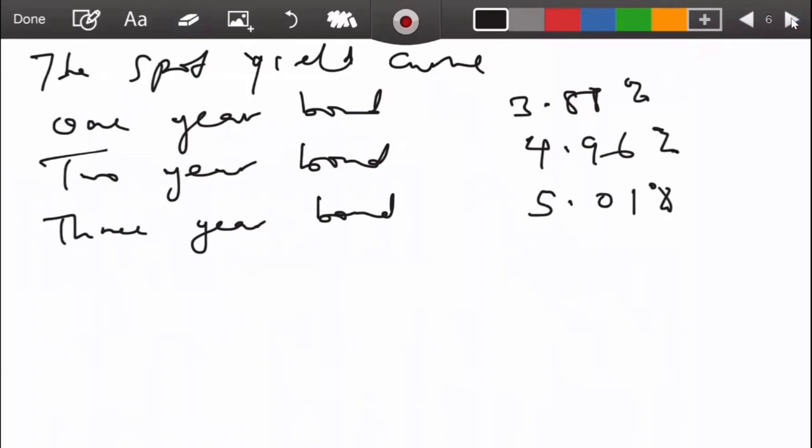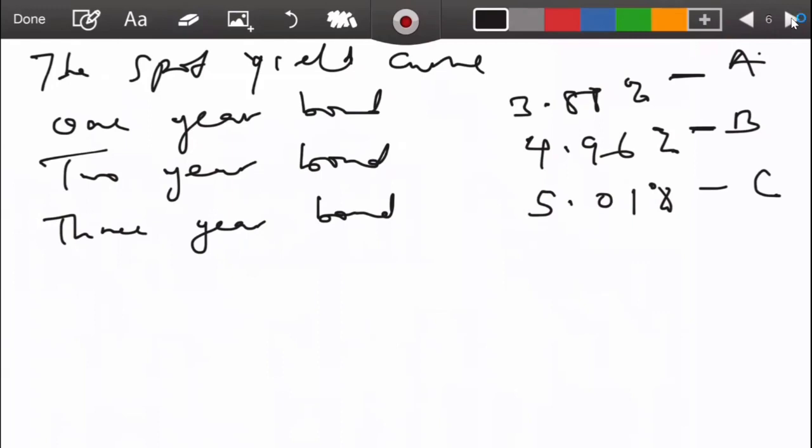This is the way you calculate the spot yield curve using bonds of the same risk class. If you observe, we used the lender's required rate of return for bond A to determine that of bond B, and we now use A and B to determine bond C. So we assume that the risk for the 3 bonds is the same.